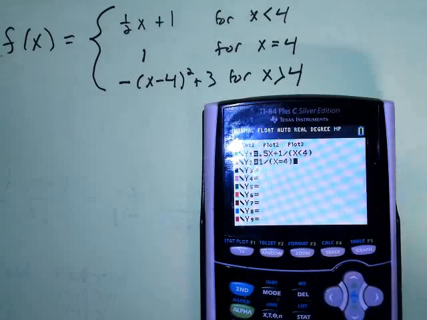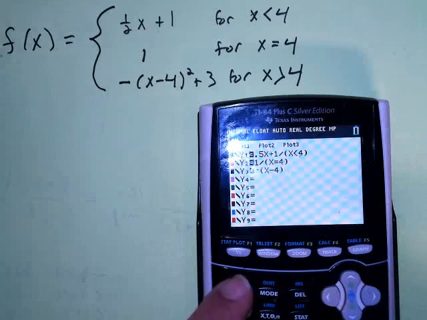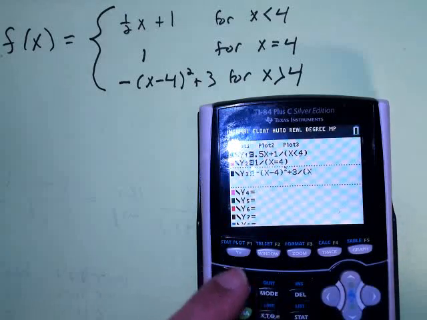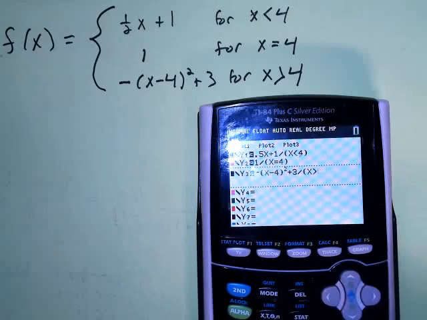to 4. Okay, and then I'm going to say negative, then I have x minus 4 squared plus 3, and then this is for, in parentheses, x, and then second math greater than 4.